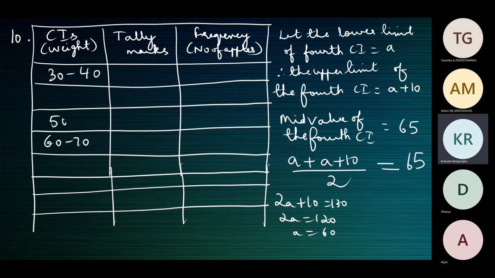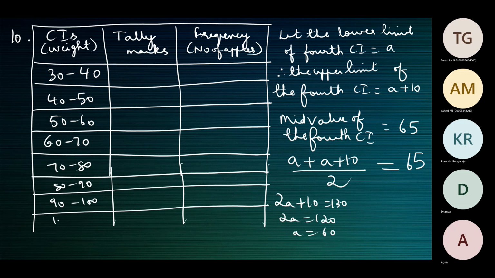This will be 50 to 60. This will be 40 to 50 and 30 to 40. 70 to 80, 80 to 90. What is the last class interval, Danya? 110 to 120, ma'am. Okay, 110 to 120. You got the same thing, Tanishka? Yes, ma'am. Okay.